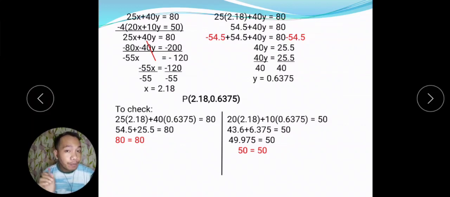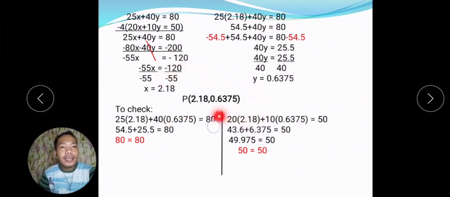So 25 times 2.18 plus 40 times 0.6375 equals 80. So 54.5 plus 25.5 equals 80, meaning 80 is equal to 80. So it is correct. This is our correct coordinate of the intersection.